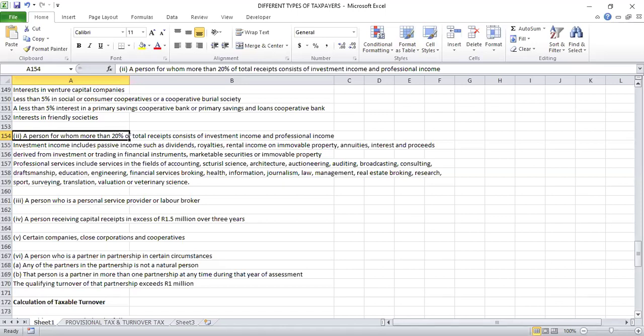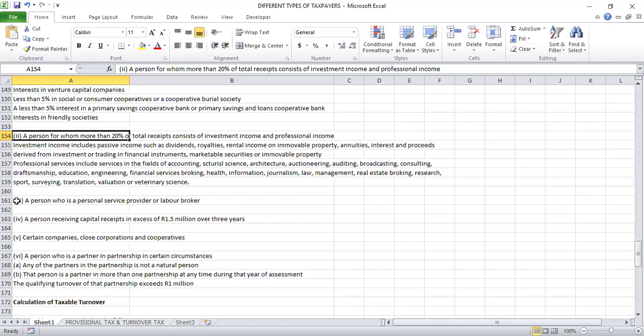We are looking at the income that you earn for providing a professional service, accounting, teaching, consulting and stuff like that. So as long as more than 20% comes from that, then you cannot register as a micro business, just like a small business corporation.